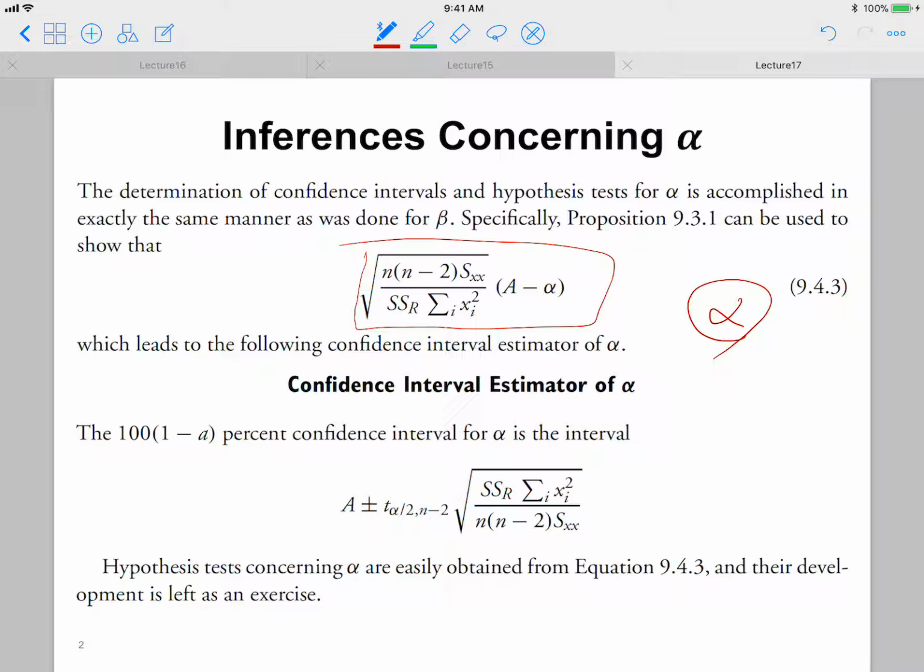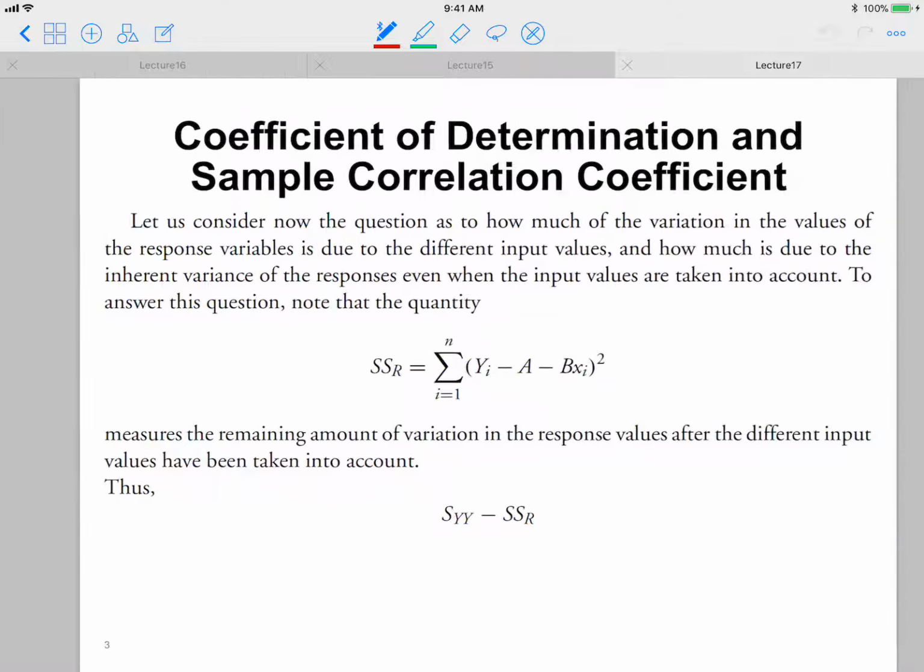We typically see A, our computed statistic, plus or minus some value. So this was about hypothesis testing and also the confidence interval regarding the y-intercept estimator A.